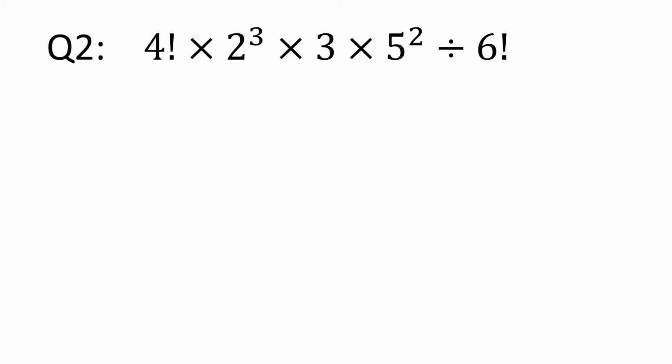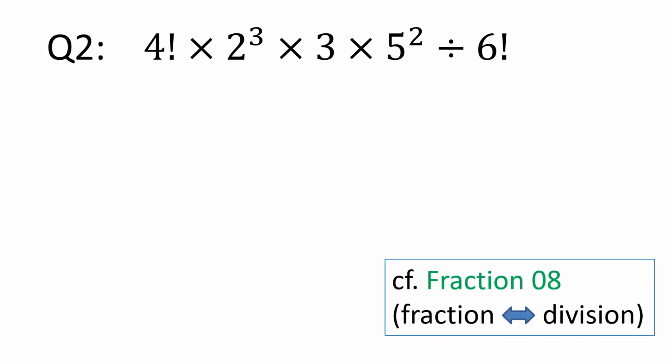Let's see the next question. 4 factorial times 2 cubed times 3 times 5 squared divided by 6 factorial. Do you know that a division can be changed to a fraction? If not, please refer to the video fraction 8. For example, 2 divided by 3 is equal to 2 over 3.